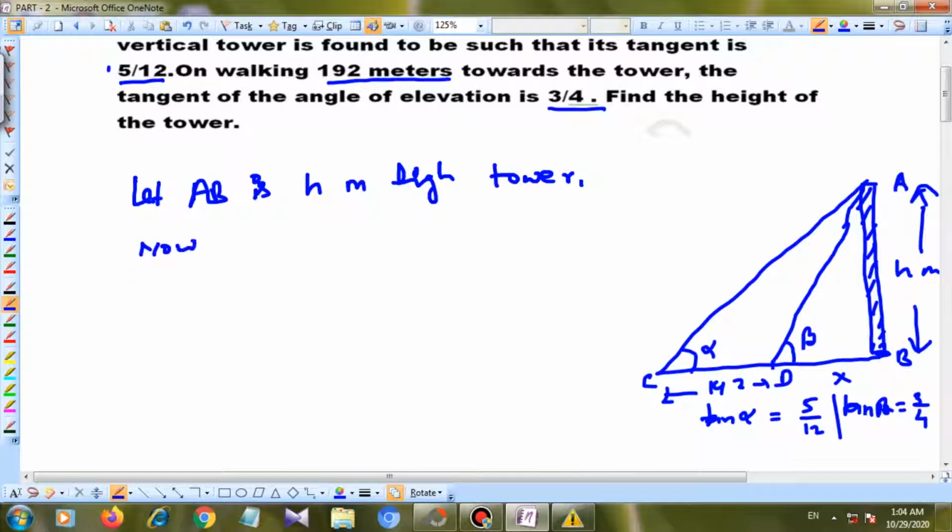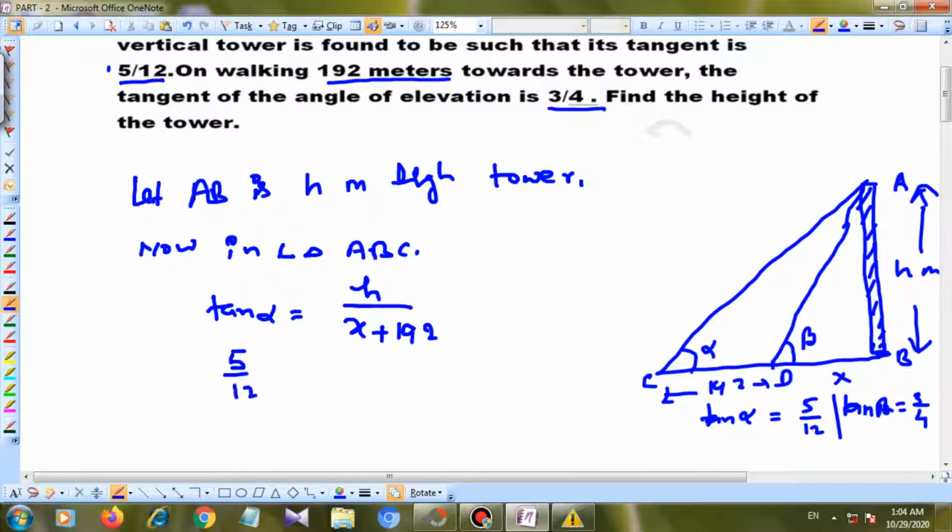Now in right angle triangle ABC, tan alpha is given 5 by 12, and tan alpha is the ratio of perpendicular and base, so it will become h upon x plus 192. So 5 by 12 equals h upon x plus 192.